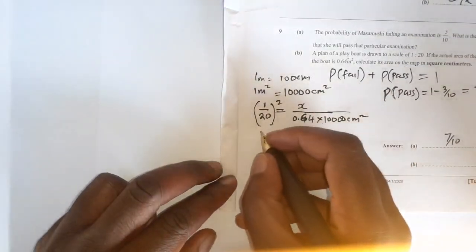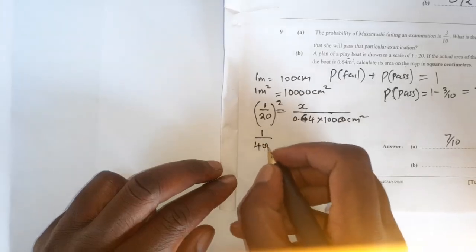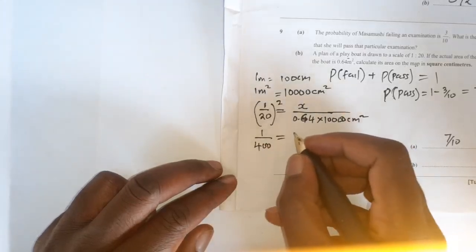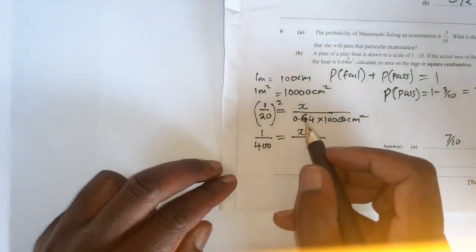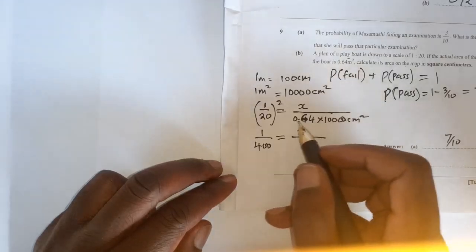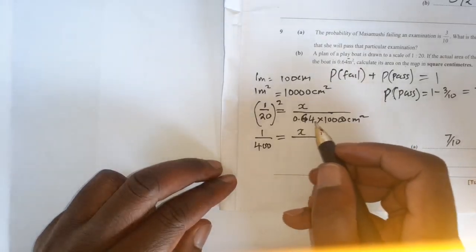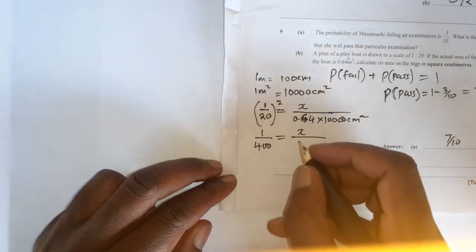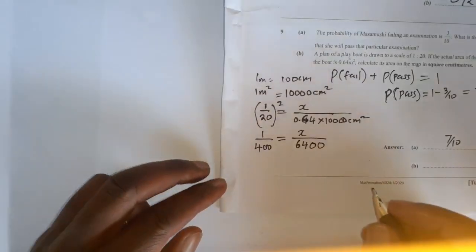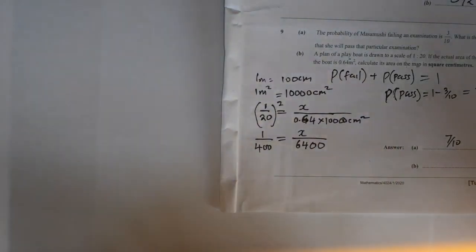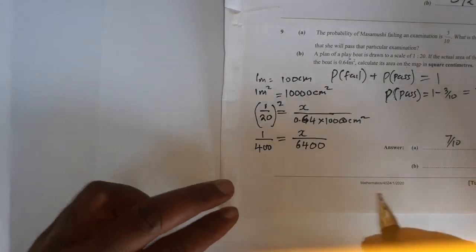So when we square this part, we're going to have 1 over 400 is equal to x over, when you multiply this, you count. We have 2 decimal places here, so we are going to have 64, and you get 2 zeros from this one here. That's what you're going to get.